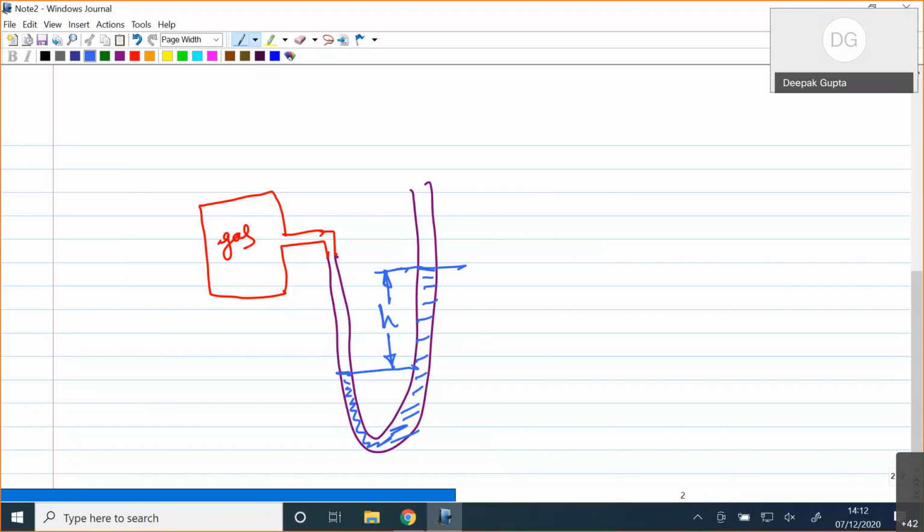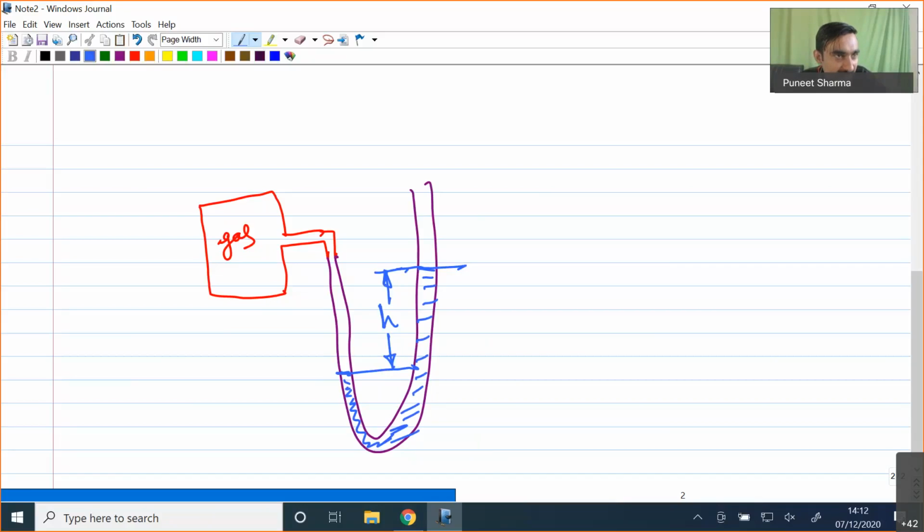Some gas from the container goes to the mercury column for the height difference. I want to ask that we get some error in measuring pressure. Understood, I understood. You are saying the volume will be changing inside the gas container.